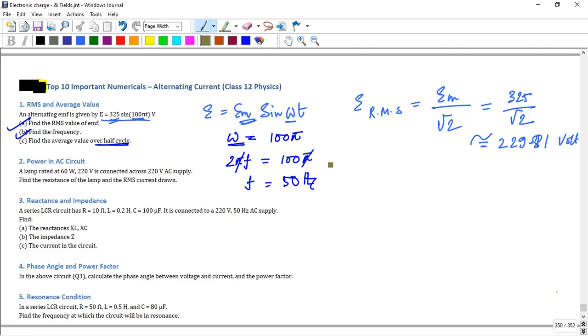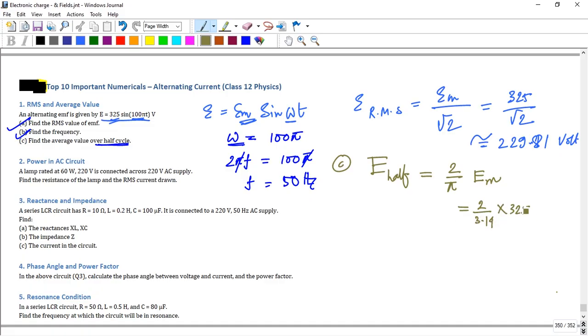So part C, half cycle. So that is the EMF of half, that is equal to 2 by pi times EMF maximum. So that means you get 2 by pi means 3.14 and maximum means 325.